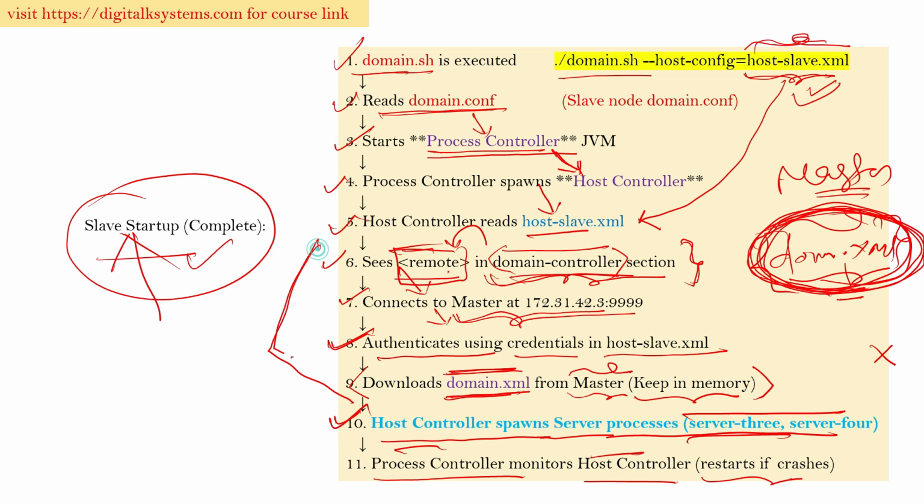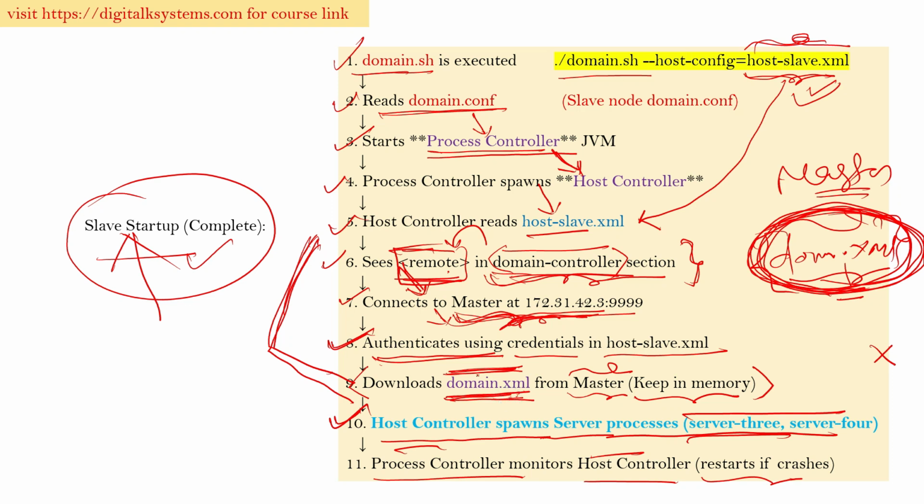After this, your master recognizes that, okay, I am defined as the domain controller, so I am going to start the management console. In the slave node, it identifies the remote tag where your master details are defined. So it is going to connect with the master, authenticate, and download the domain.xml file from the master node.